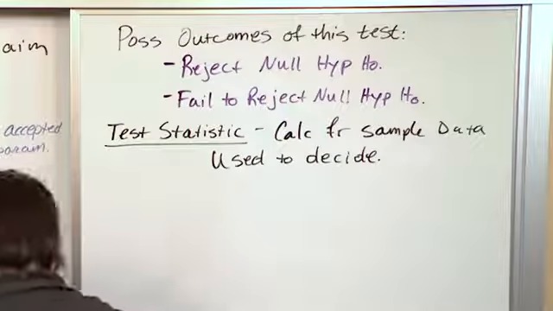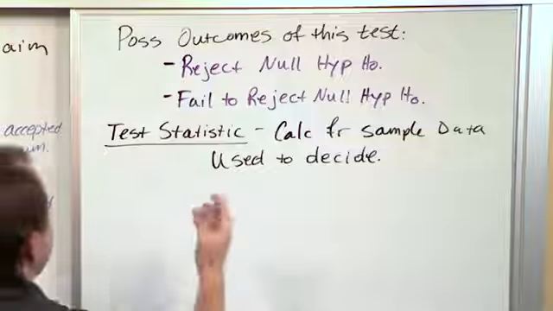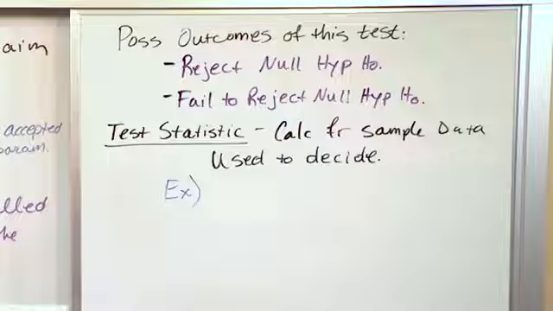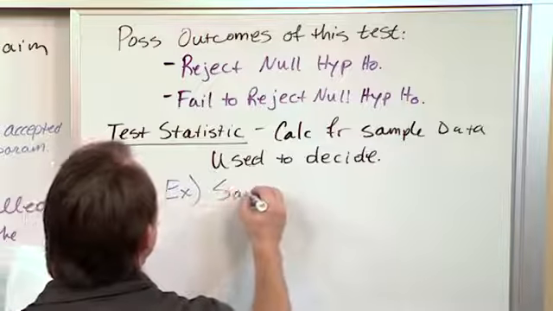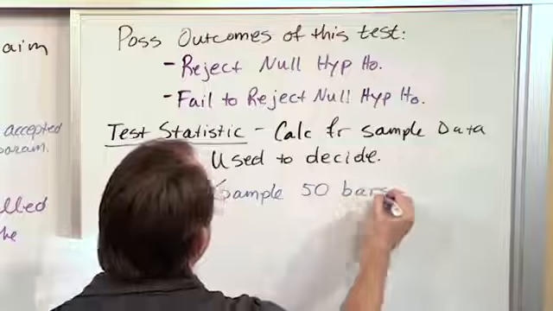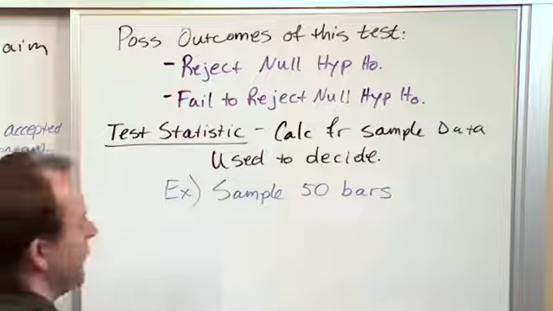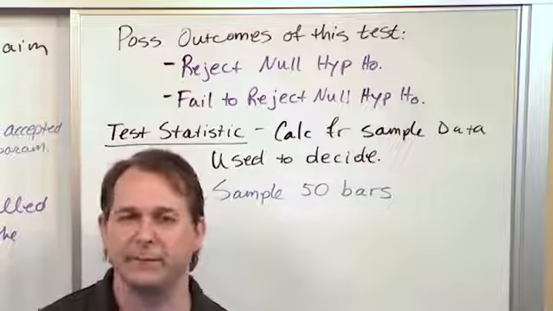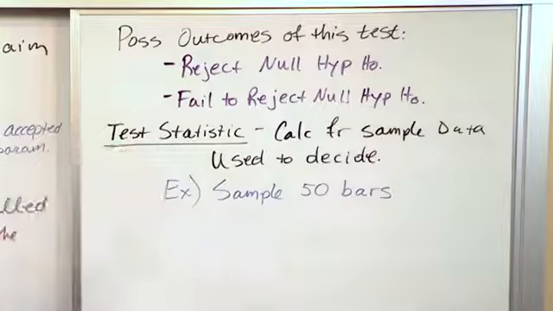So, as an example, in this case of the candy bar factory, I'll just put like a big example here because this is not a real example, but we're kind of getting our feet wet. Maybe we sample 50 bars, 50 chocolate bars. Obviously, we can't sample all of the bars because we're trying to sell chocolate. We can't open them all, right? So we just sample 50 of them because it's not practical to do it to all of them.